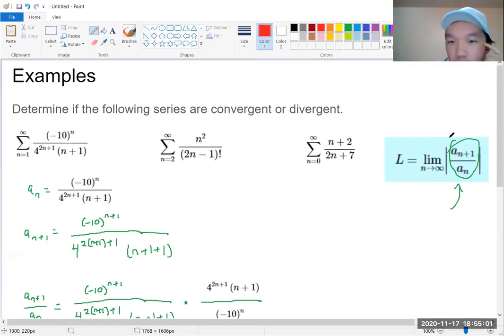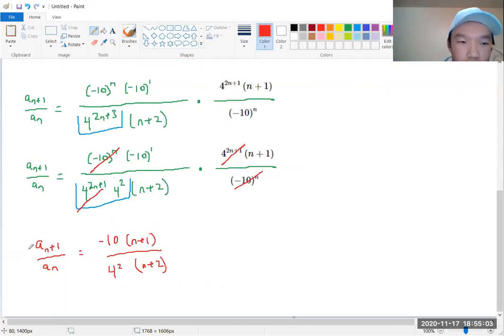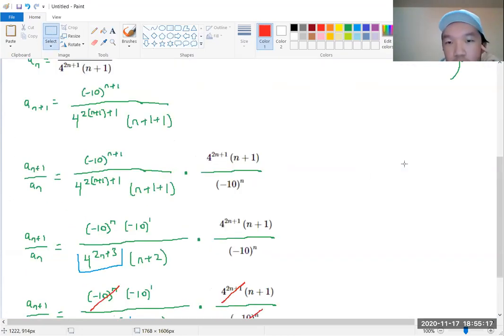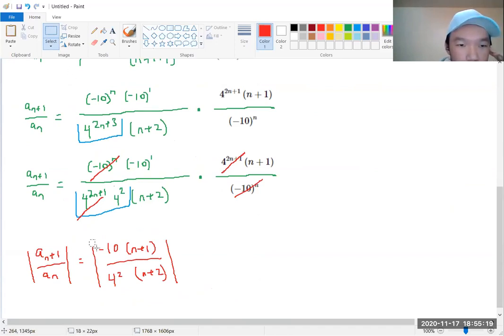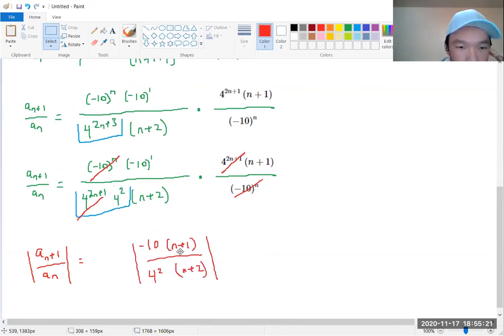Recall that the test wants us to take the absolute value, so let's do that. So if we take the absolute value, then it's like this. The test also wants to take the limit, right? So let's do that as well. So limit as n approaches infinity.